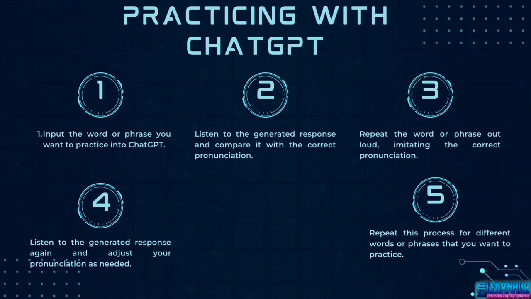Let's dive into narrative writing prompts. So, another type of writing prompt that ChatGPT can generate is a narrative writing prompt. For instance, ChatGPT can provide a prompt like, write a short story about a character who embarks on an unexpected adventure.